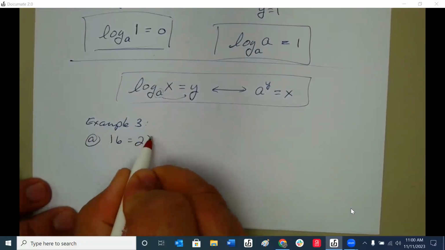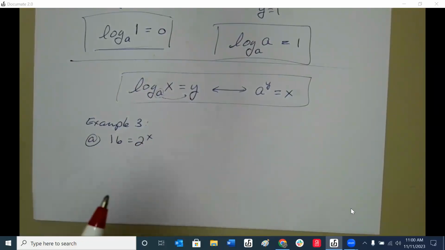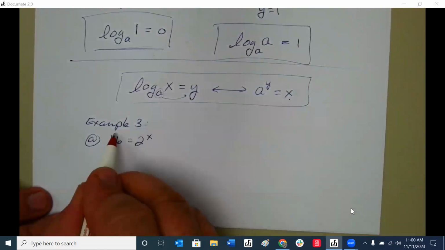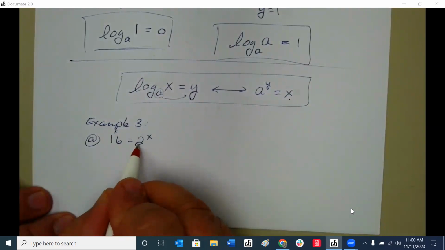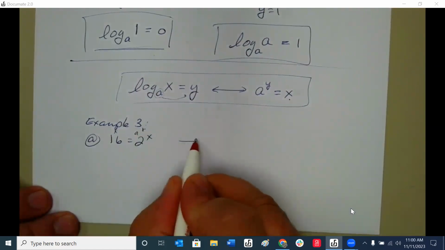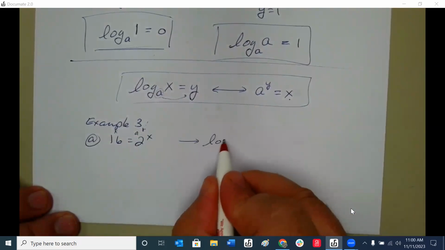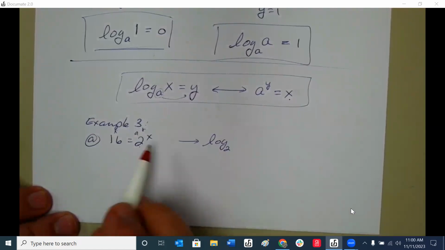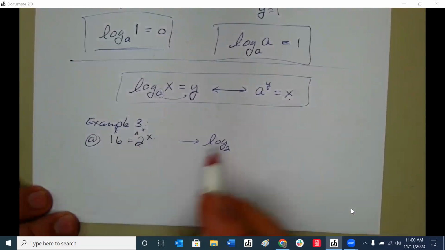16 equals 2 to the power x. So this is our x value. This is a, and our y is x. The base remains the base, and we just switch the 2 here.